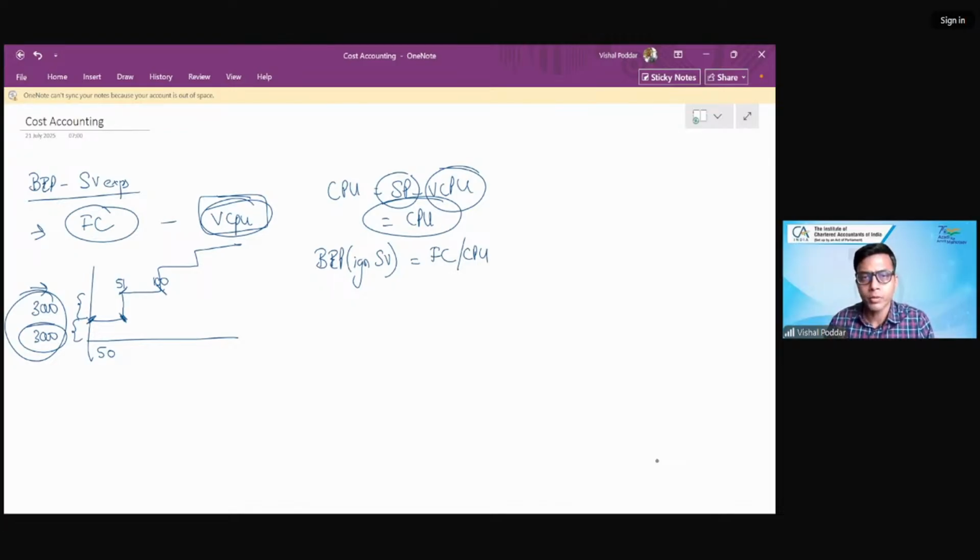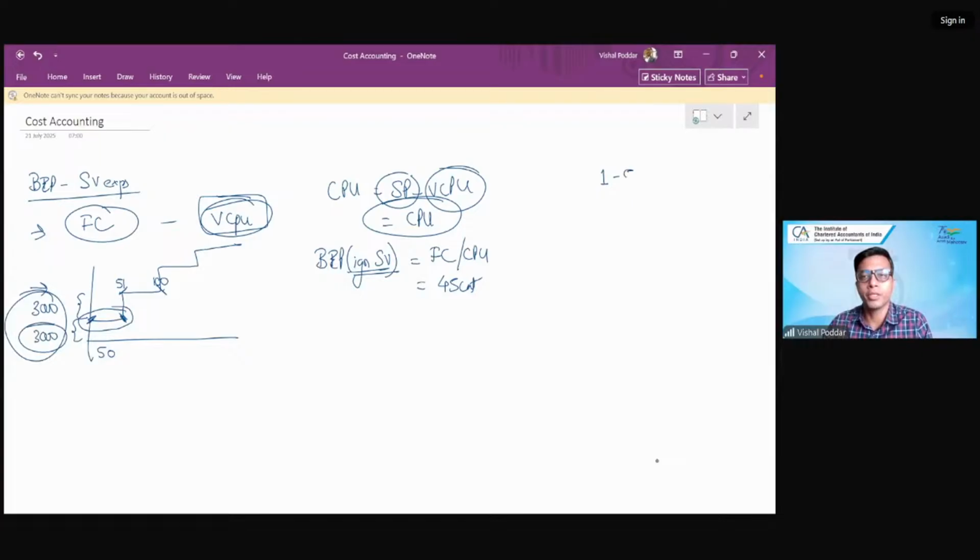Let us say it has come to 45 units. So I get to know that my BEP may fall in the first range. Now I again recalculate BEP, because this is not the final BEP as I have not considered the semi-variable. I'll recalculate it by considering semi-variable, by making ranges.